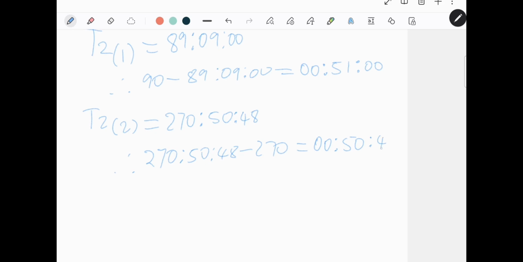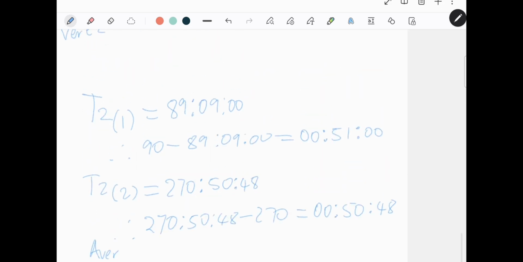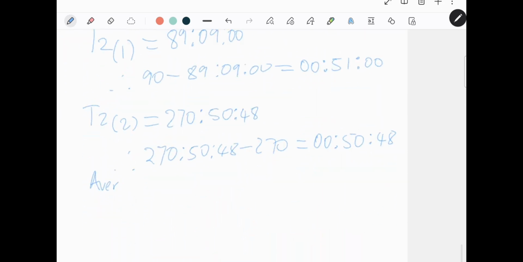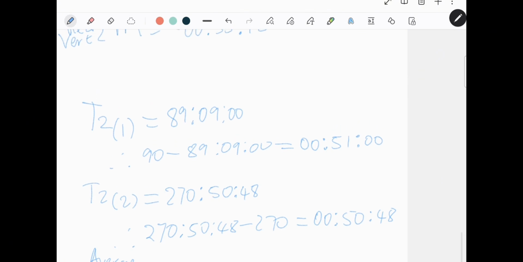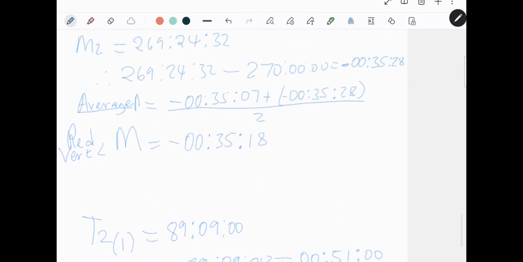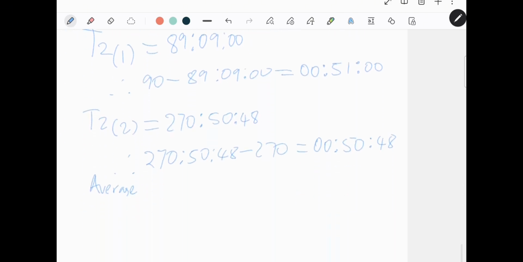So now same thing that we did for M, we find our average. Remember here we found our average M. So this is our average T2, the whole T2 combined, T22 and T21.